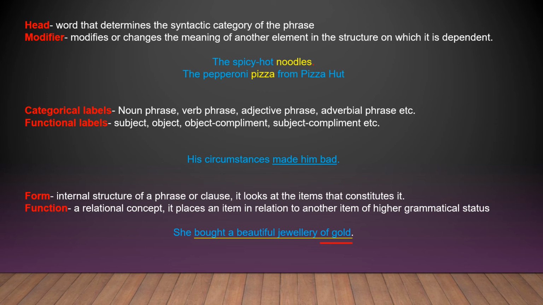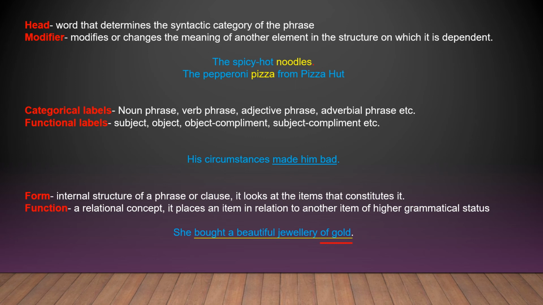So looking at a phrase, looking at the head word, you can determine which phrase it belongs to. If the head word is a verb, it is a verb phrase. If the head word is a noun, it is a noun phrase. So based on that, you categorize it as a different type of phrase, either noun phrase, verb phrase, adjective phrase, or adverb phrase. So you put the categorical labels.